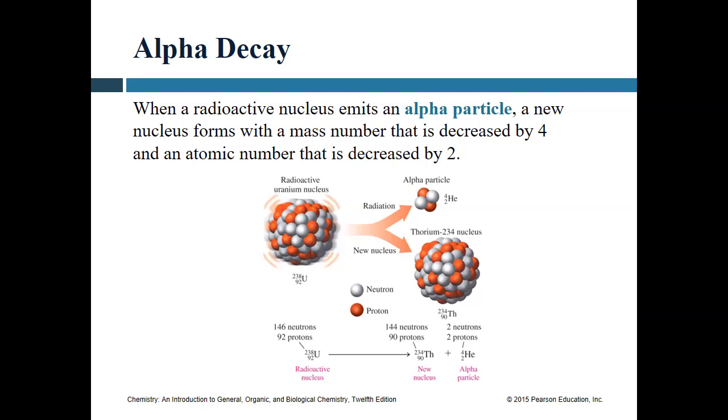So if I were to compare the half-lives of this uranium nucleus and this thorium nucleus, what I would expect to see is that, yes, both are radioactive, but that thorium nucleus should still be generally more stable, longer half-life, less likely to react.